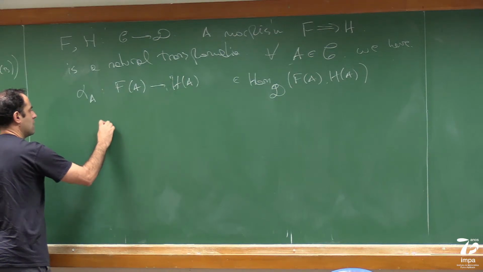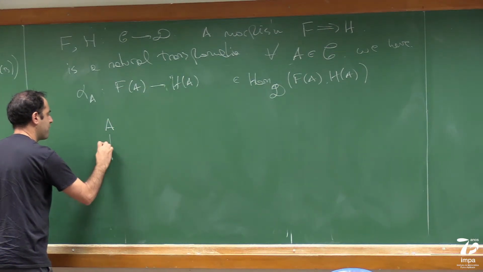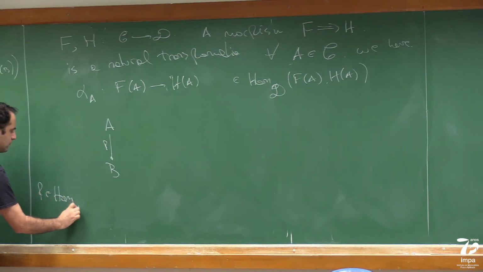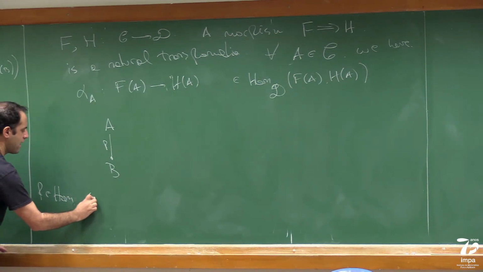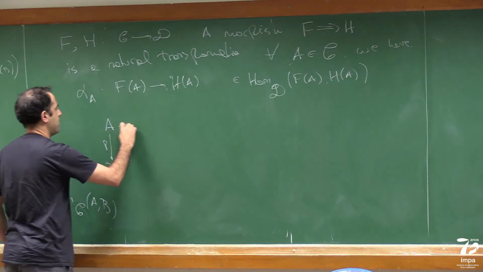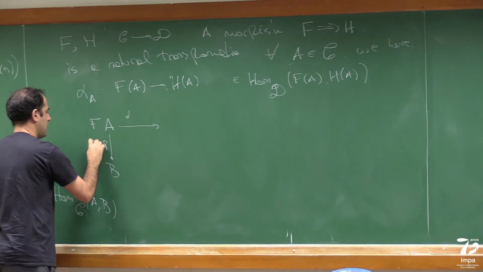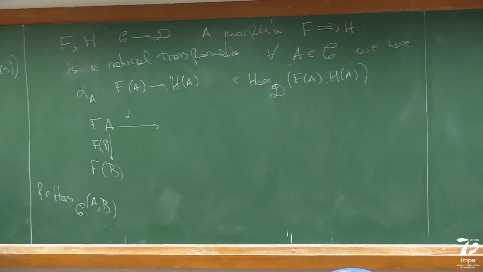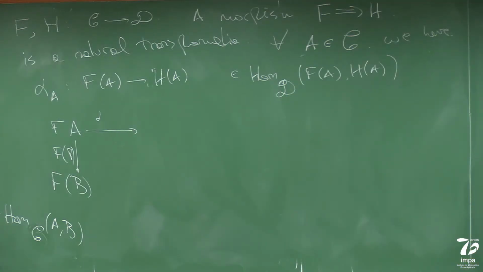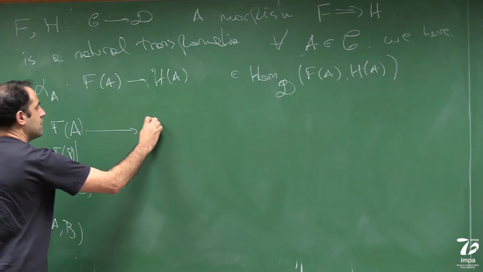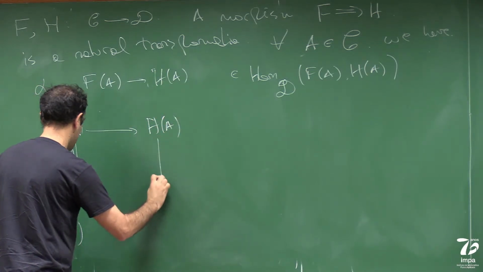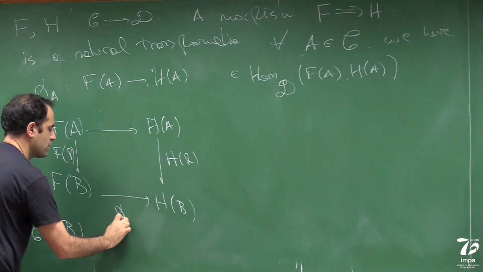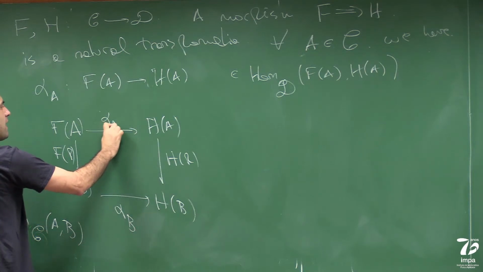So let's suppose that you have a morphism f from A to B. So here f is in Hom_C(A, B). Then F of f is the same thing as phi of little f, and H of f goes from HA to HB, and here by definition we have alpha B, and here's alpha A, and we make this diagram.